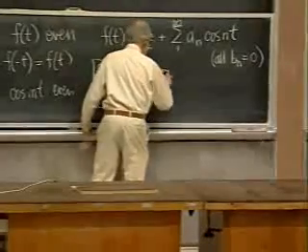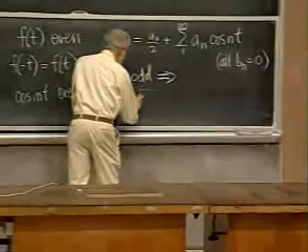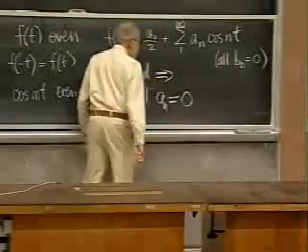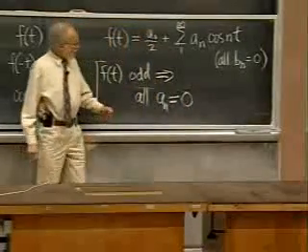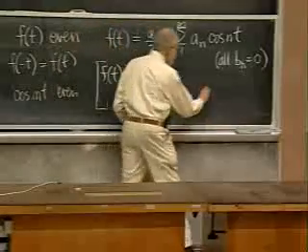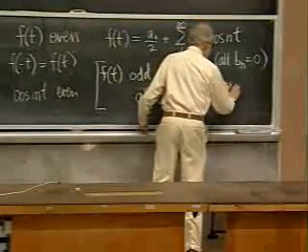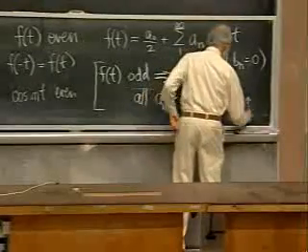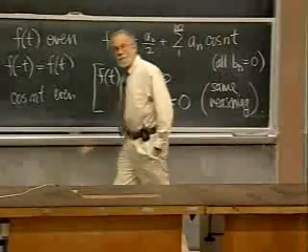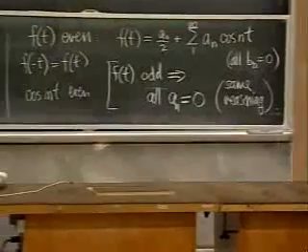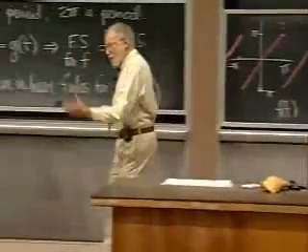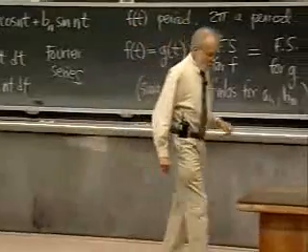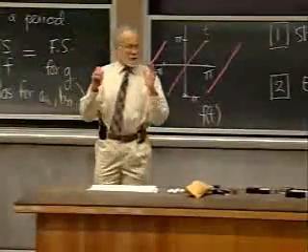And that will imply that all the an's are 0, even including this first one, a0, by the same reasoning. So, an even function uses only cosines in its Fourier expansion. An odd function uses only sines.